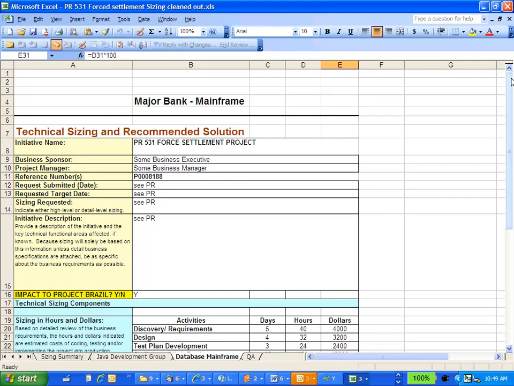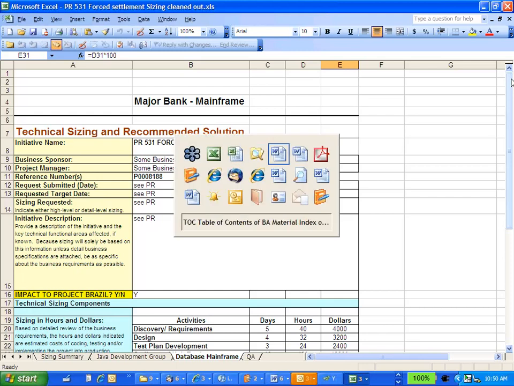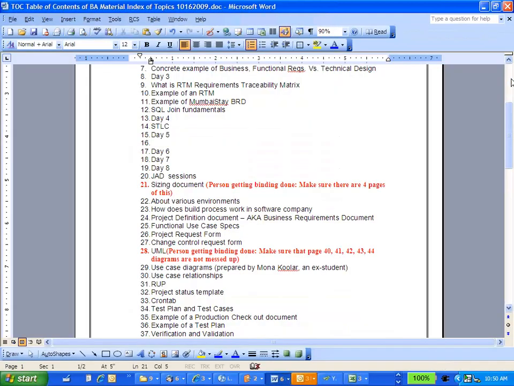Do you see 4 sheets, 1, 2, 3, 4, sizing summary? Yeah, PR 531 forced settlement project. You guys see this? After your JAD session, that's what I'm going to show. And my table of contents somehow got corrupted.